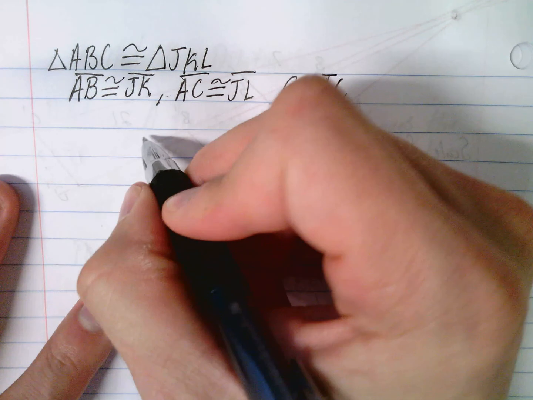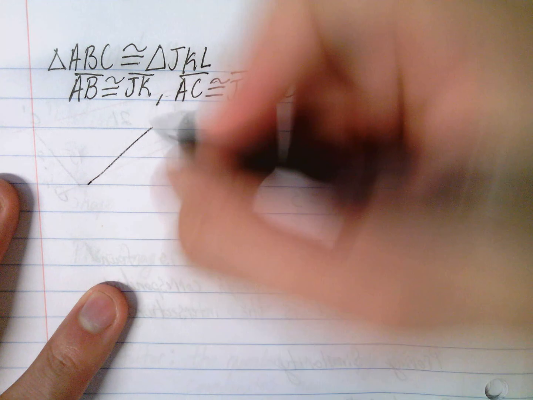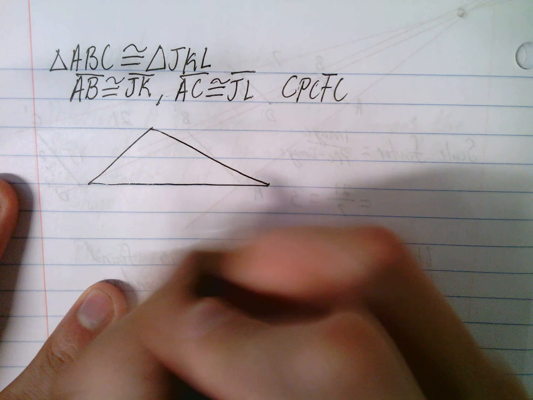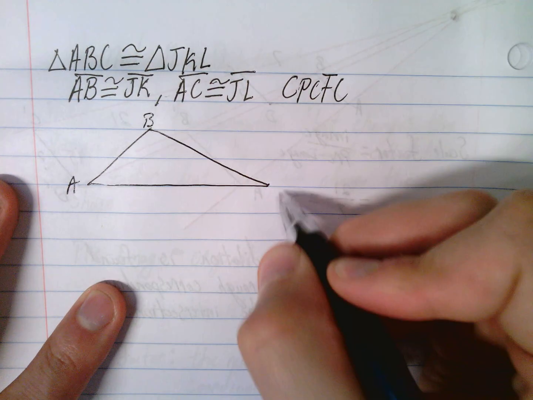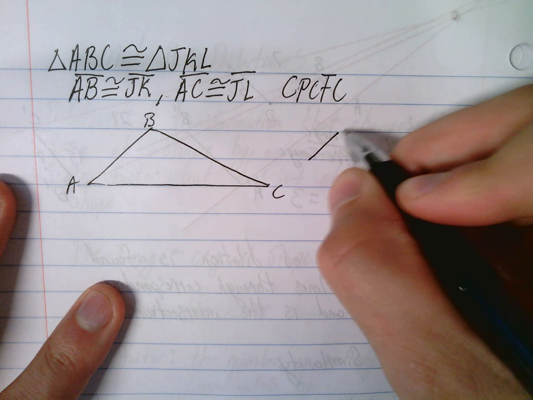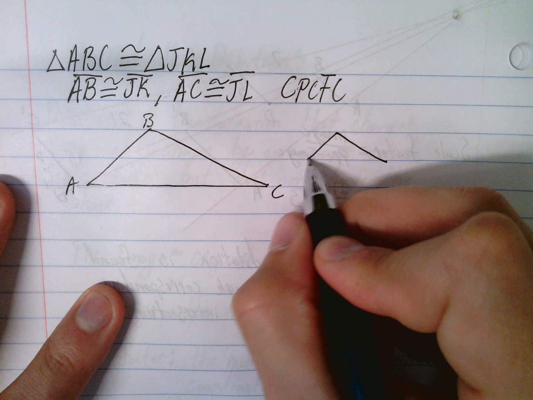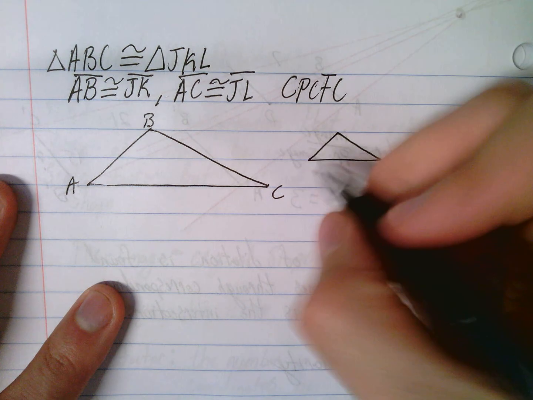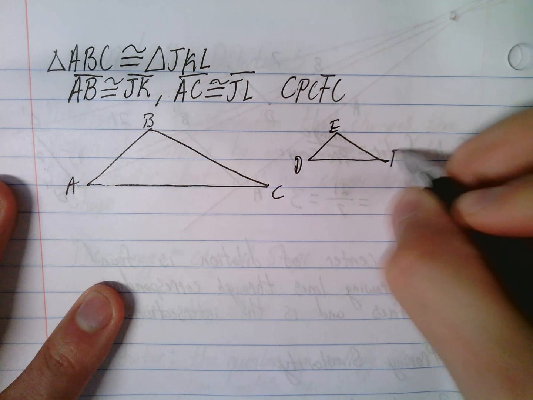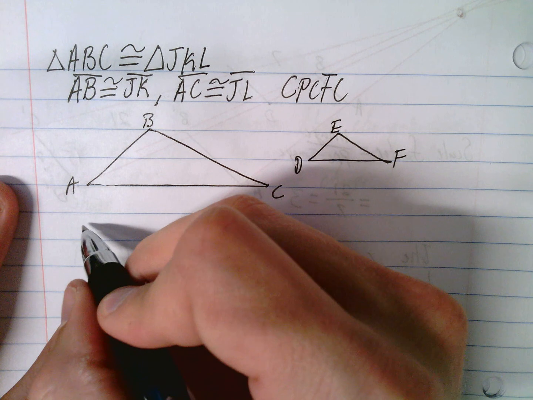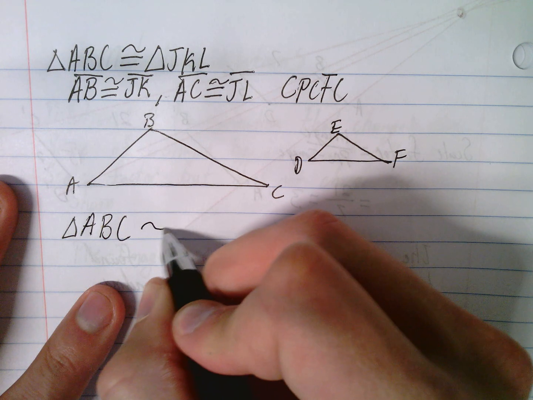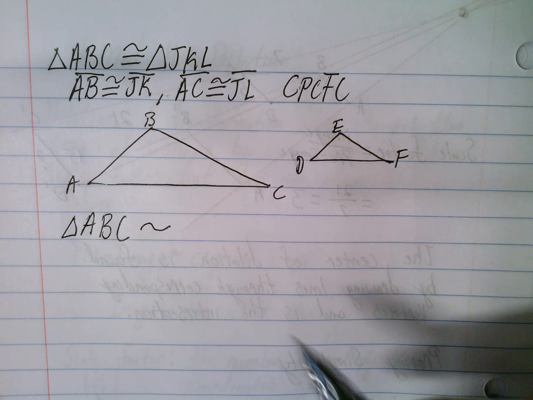If I give you two triangles here, let's call them like this, and maybe this one goes out here, and I call it A, B, C. And then I've got this triangle here, and I say that this is, oh, I don't know, D, E, F. I could say that triangle ABC is similar, okay, this is the symbol for similar.